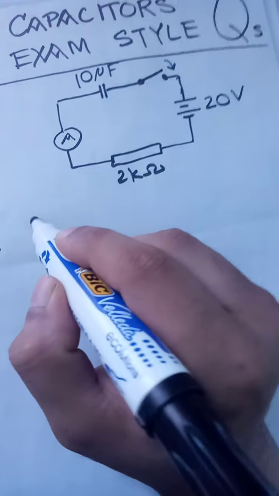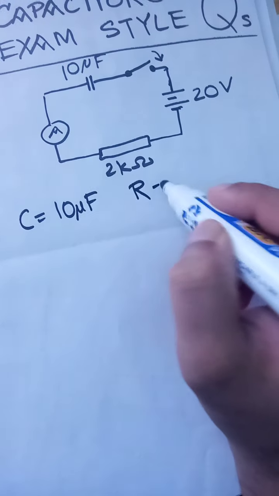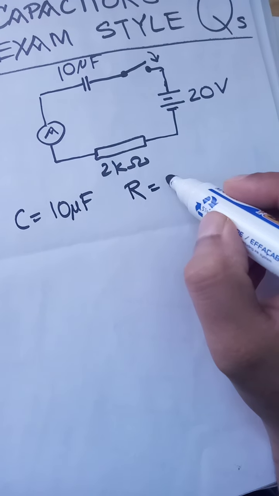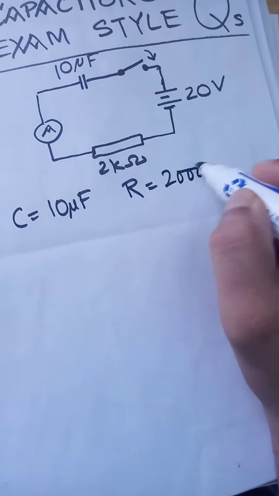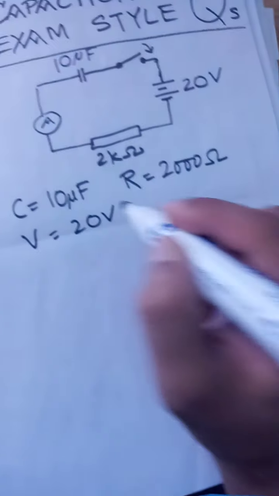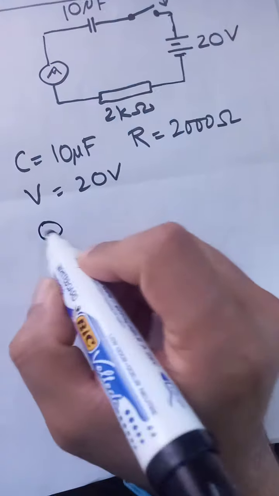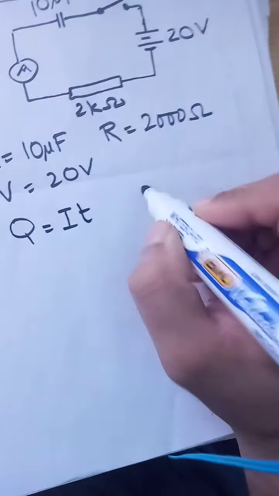Okay, so we've got capacitance, which is 10 microfarads, resistance, which is 2 kilo ohms, and voltage, which is 20 volts. So I want you to find me the current. So we know that Q equals IT and Q equals CV.